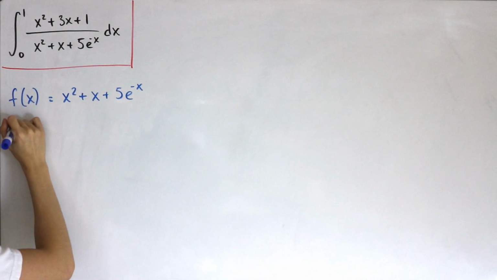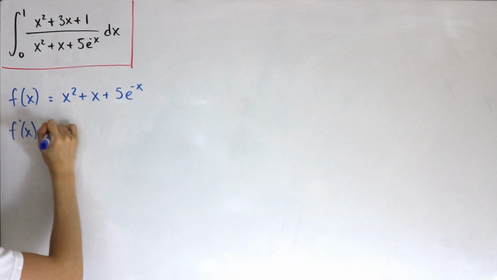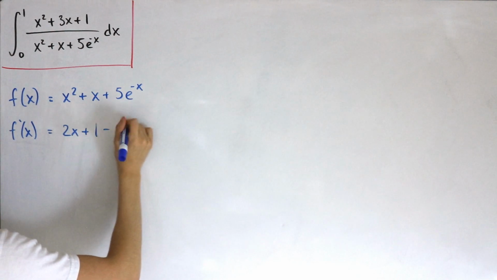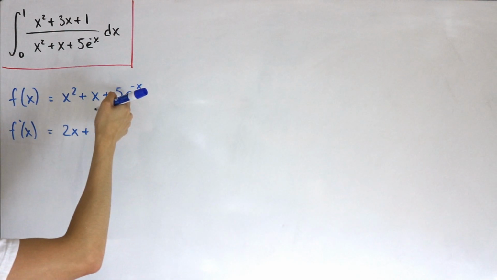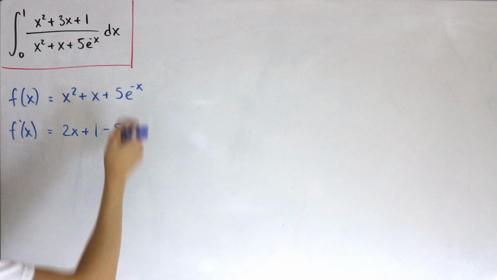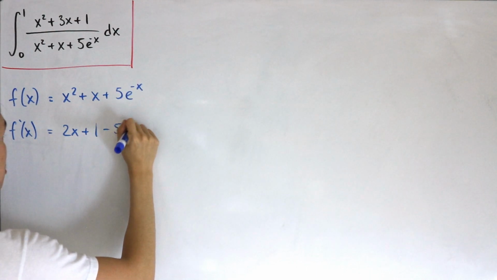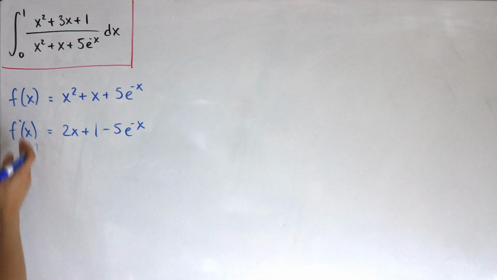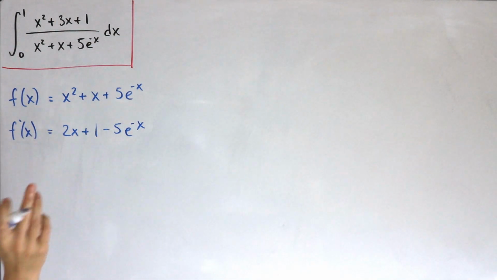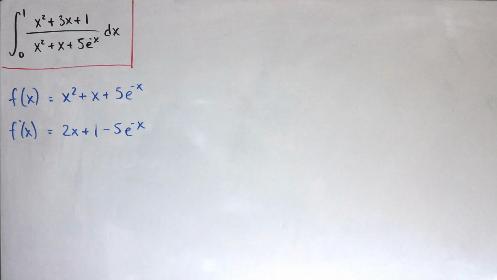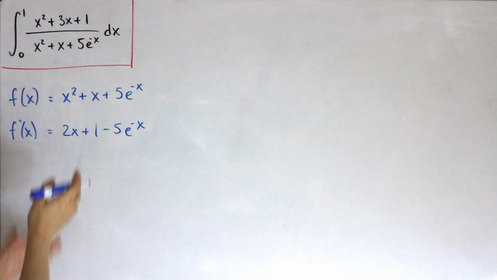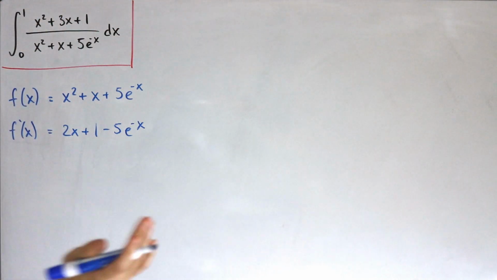So f prime of x is 2x plus 1, and then minus 5 times e to the negative x, using the chain rule on the exponential function. Where are we going with this? What was the whole point of taking the derivative if this doesn't look similar to our given integrand?